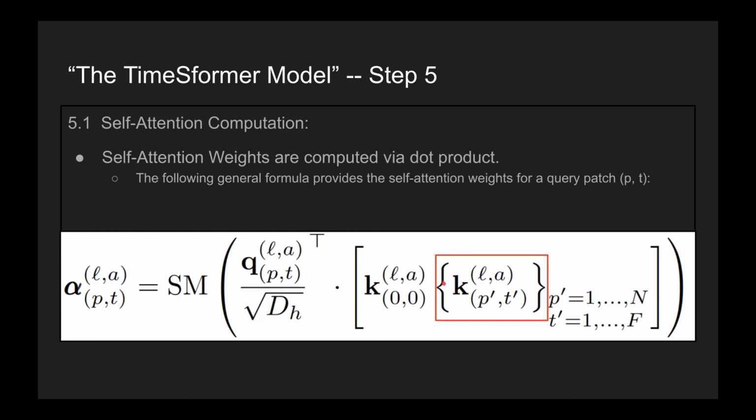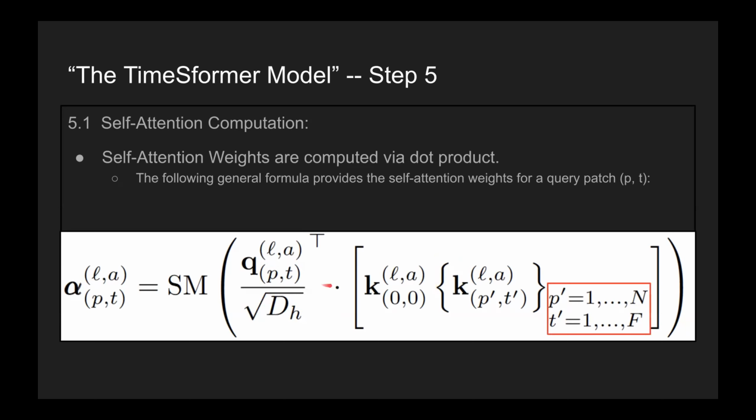Notice the braces: it iterates over patches in all of the frames. So again, the classification key is concatenated with the set of all keys, and then it is dot producted with the queries. And D_h is just this basic normalization that you'll see.